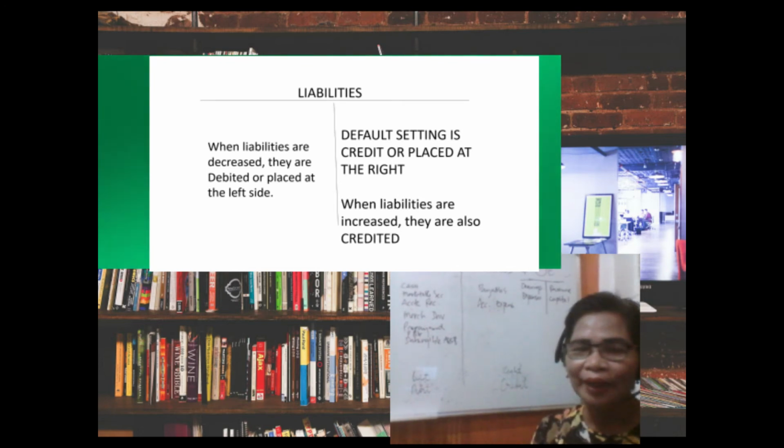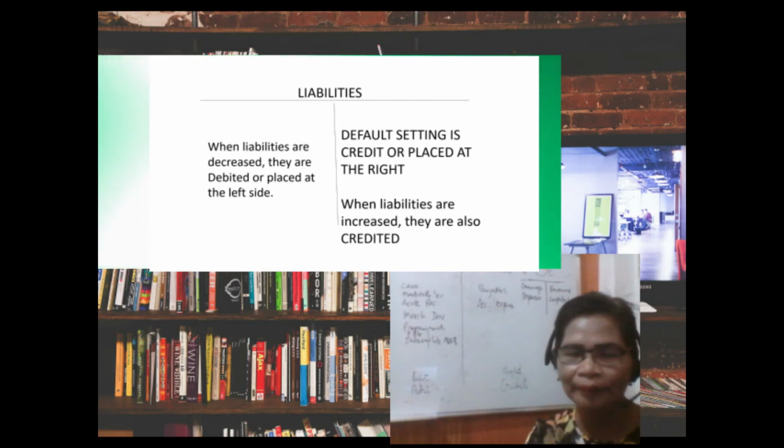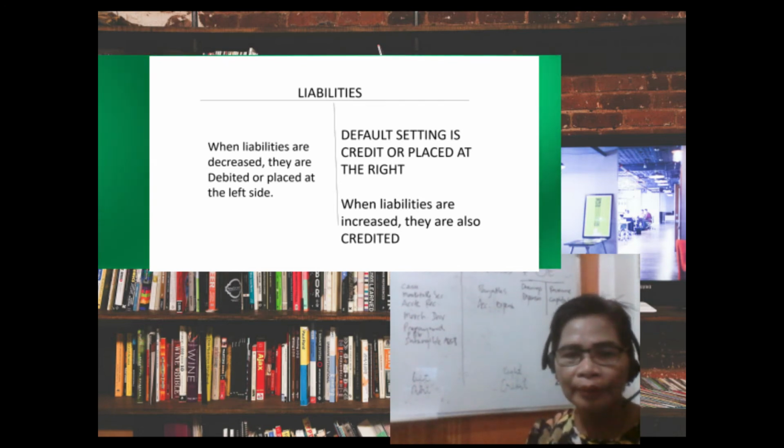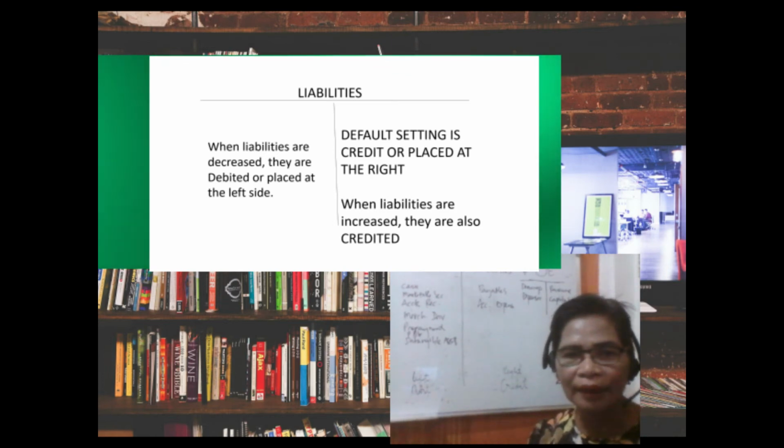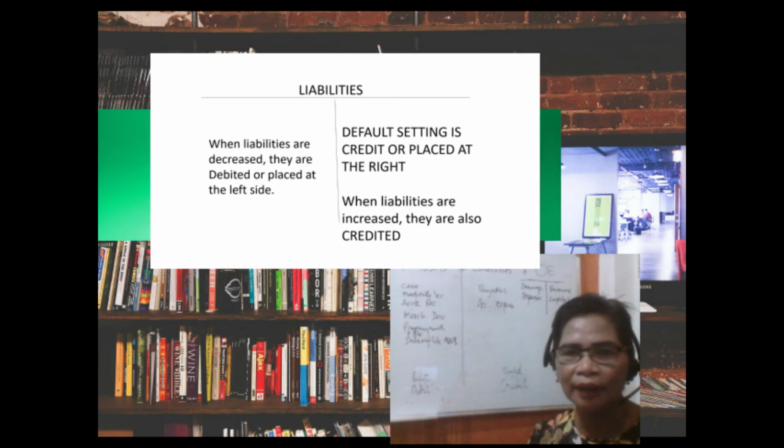Let us try to summarize our lesson. For our business equation, you have assets equal to liabilities plus owner's equity. The default setting of assets is left side or debit. Liabilities have credit or right side, including the owner's equity, except for the drawings and expenses, which are placed at the left side.